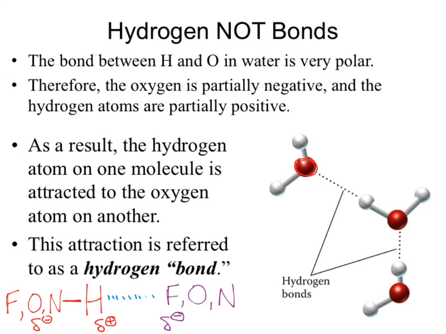That red dot is an oxygen. What are the white dots, which I'm going to make blue? Hydrogen. What happens? We're looking at aligning the partial positive charge on one hydrogen with the partial negative charge on that oxygen. The interaction between those is known as hydrogen bonding.